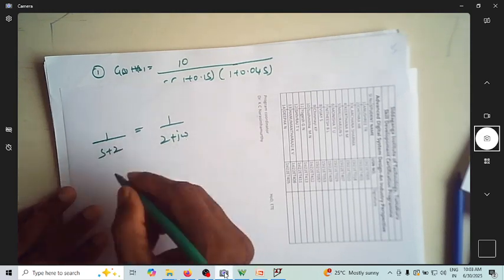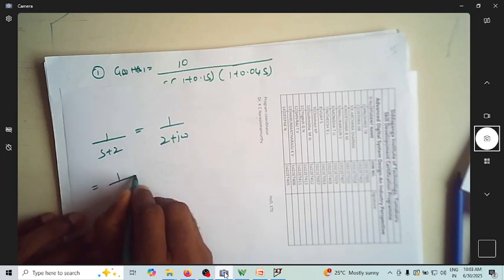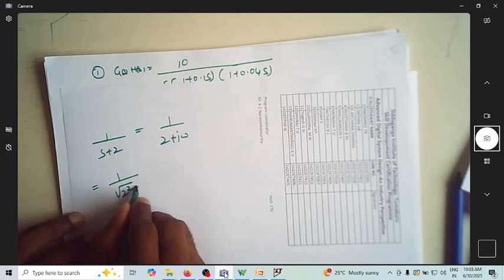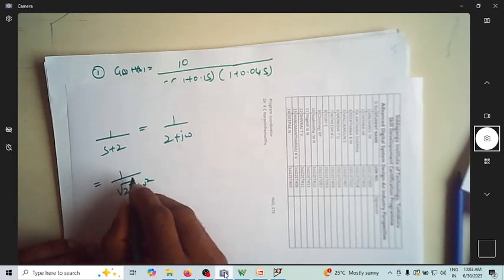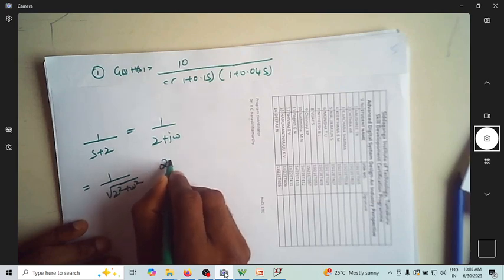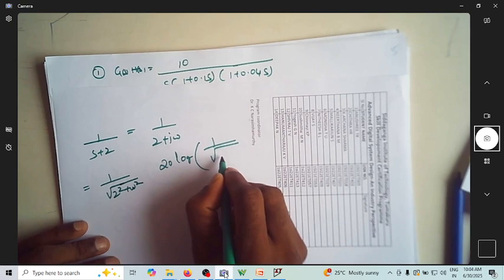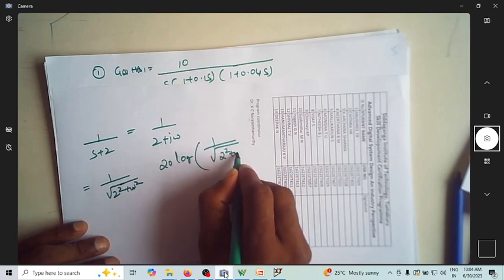Then how do I write the magnitude in terms of dBs? We know that the magnitude is given by 1 over root of 2 square plus omega square. If I want to put this in dBs, it is 20 log of 1 over under root of 2 square plus omega square.